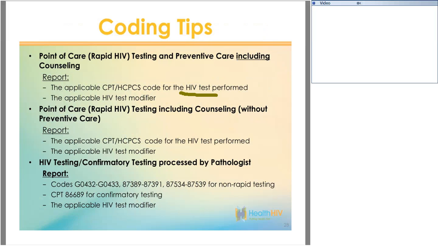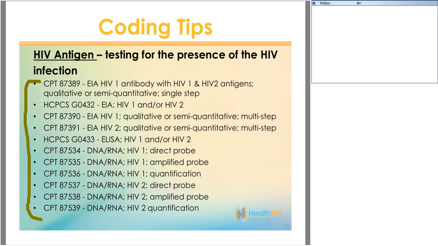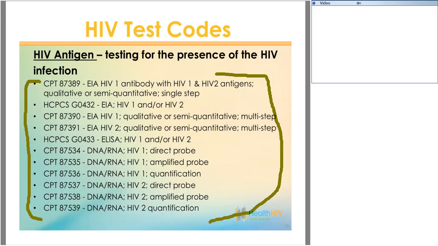If it's a confirmatory test and it's processed by the pathologist, then you will report one of the codes for the non-rapid testing. And the codes for the non-rapid testing are on slide 16. So let's jump back to 16 real quick. So here are all of the codes that designate tests that are performed and reported by a pathologist.